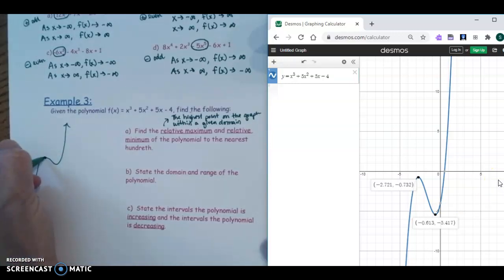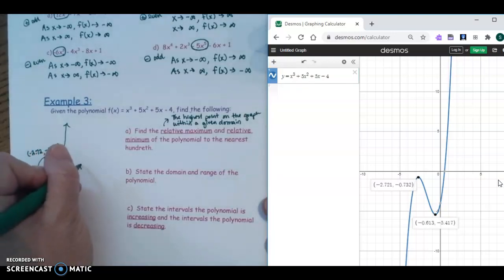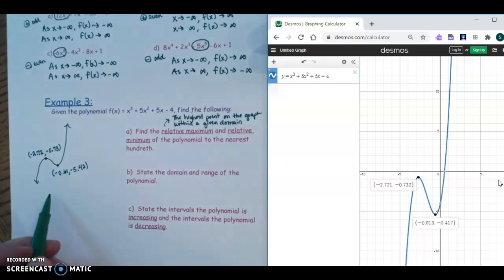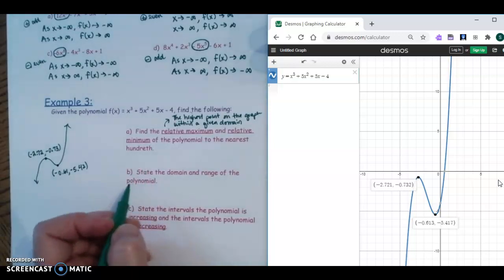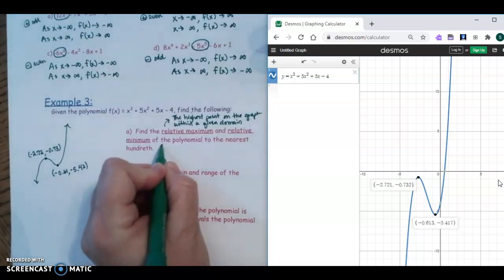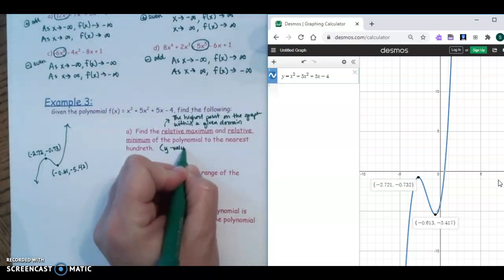So I'm going to just jot these points down on my sketch. So I've got those for my notes. And for your max and min, you want to use your y values.